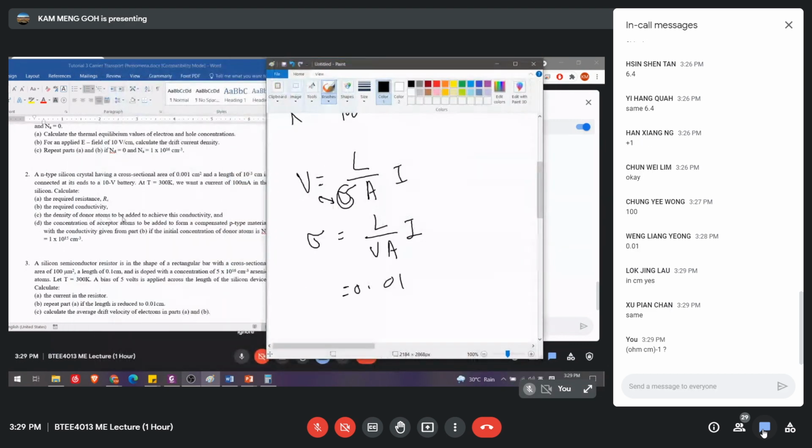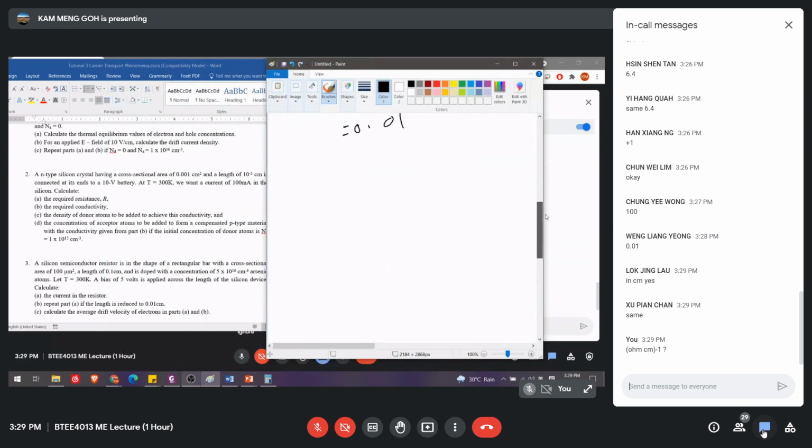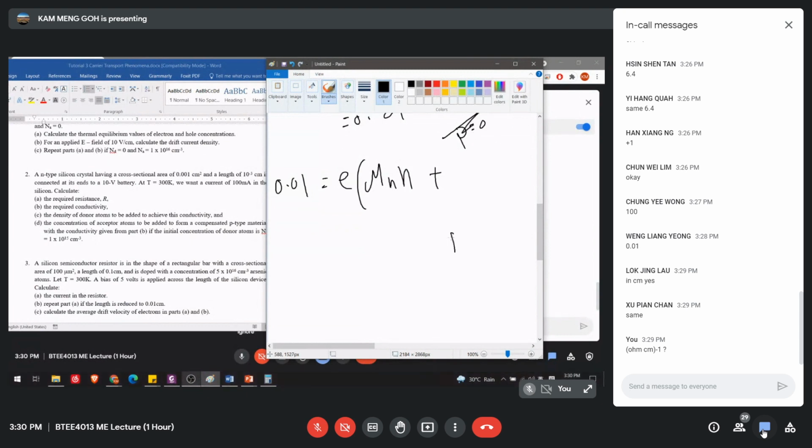Density of donor atoms to be added to achieve this conductivity. If you want to solve this, you need to set 0.01 equal to e mu n n. Then you assume that P is 0 because it's an n type. We assume that NA will be equal to 0.